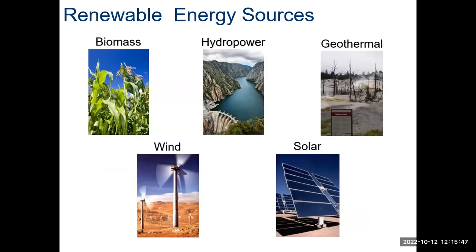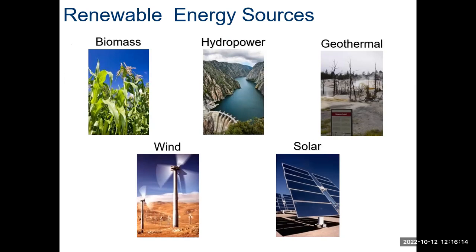So let's talk about renewable energy sources, okay? So there are two types of energy sources. We have renewable energy sources and we have non-renewable sources of energy. A renewable energy source is a form of energy that is constantly and rapidly replenished by natural processes, okay?